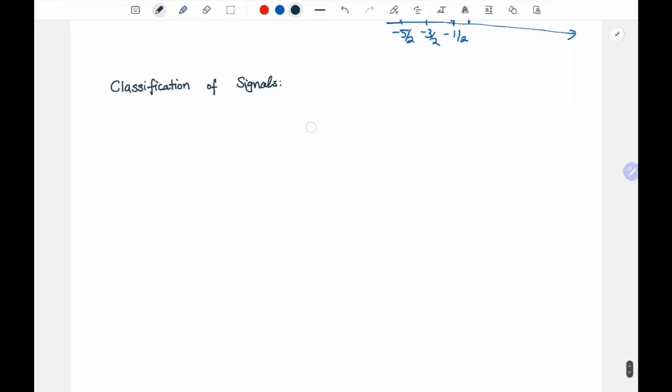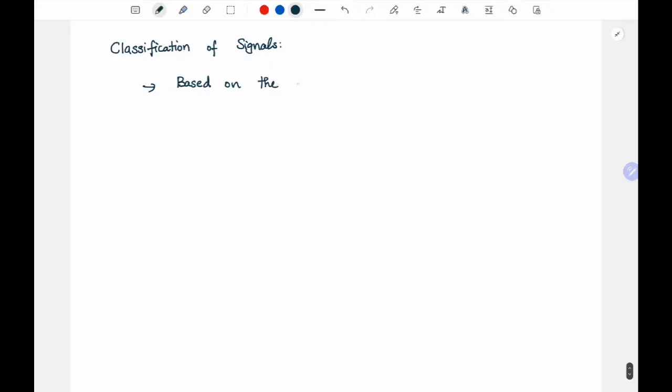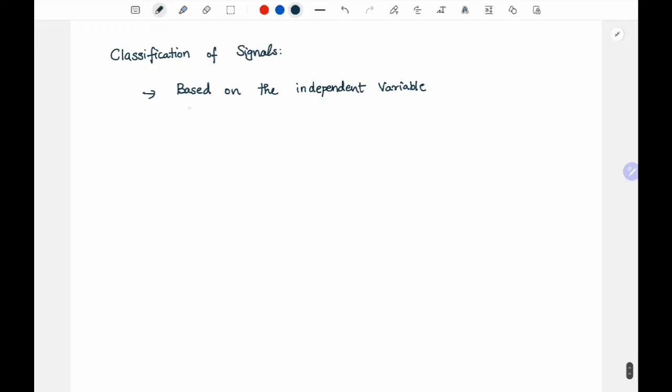So the first type is based on the independent variable. In this case, we are considering time, right? So we can divide the signals into two.